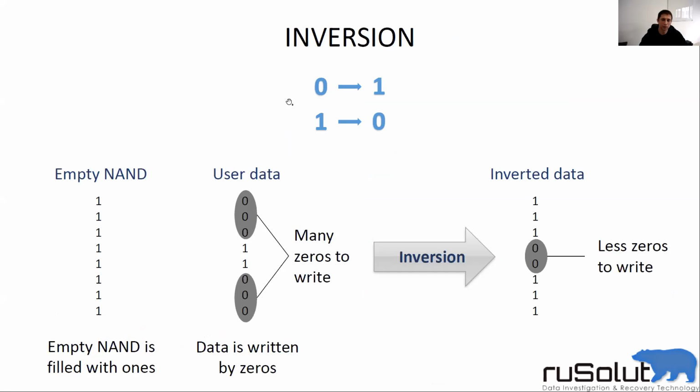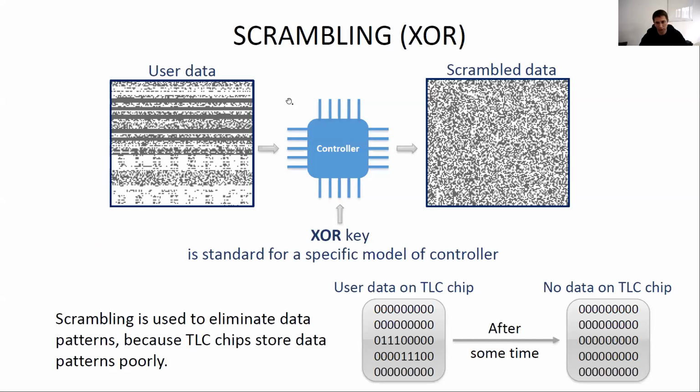Now let's talk about XOR transformation. What is XOR? More modern controllers use XOR transformation. And what's the point of using that XOR? Because if you look at the bitmap of user data, you'll see that user data looks like it has some patterns.